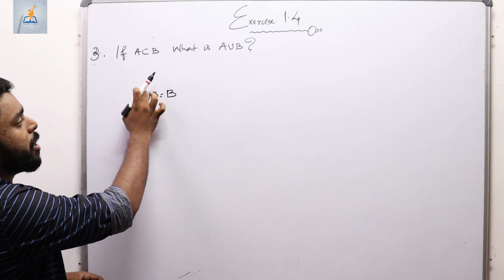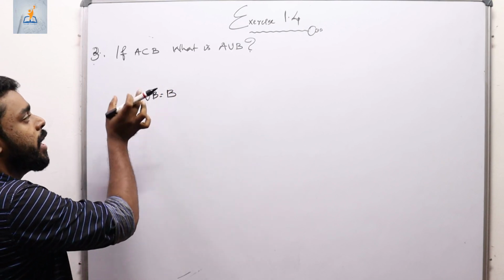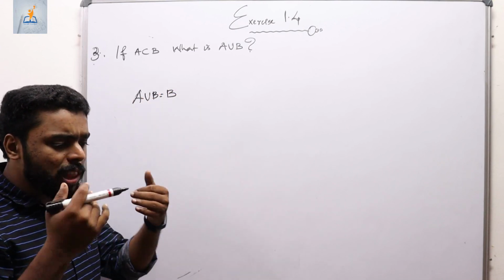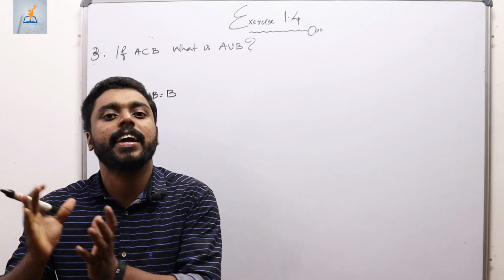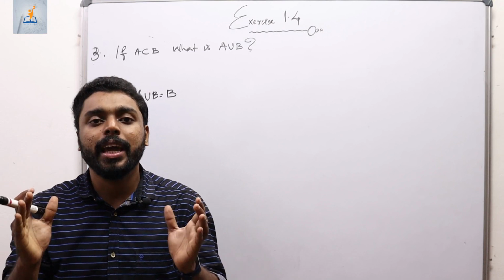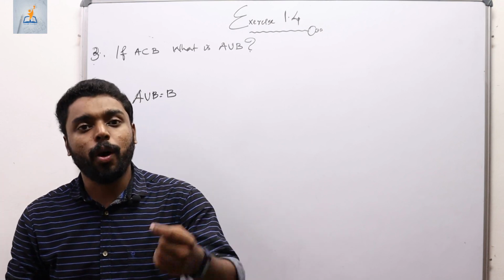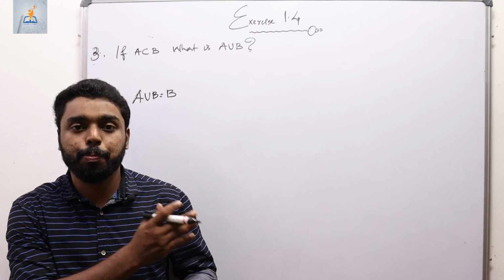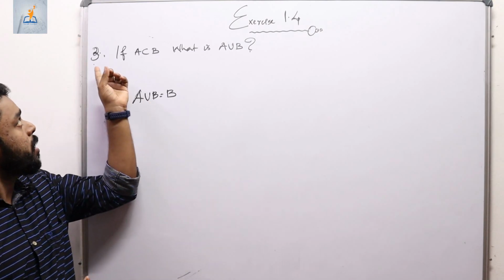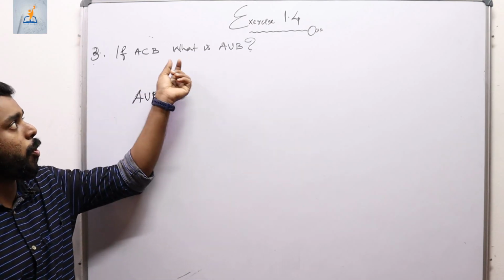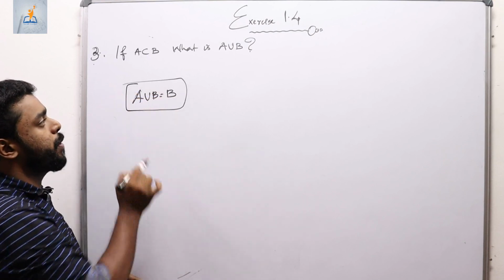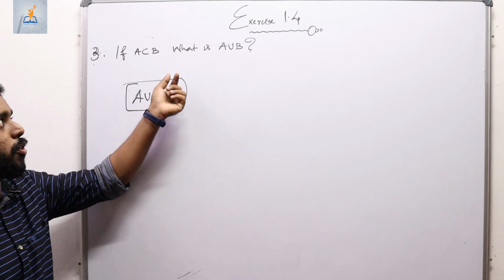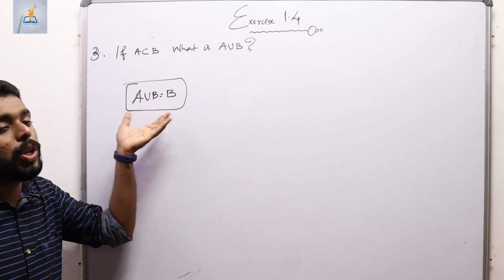Since every element of A is in B also, A union B contains all the members in A or in B. Since every element of A is there in B, A union B will be B itself. If you have doubt, just check the example in the previous exercise, exercise 2 of exercise 1.4. You can refer there, that whenever A is a subset of B, an example is there.